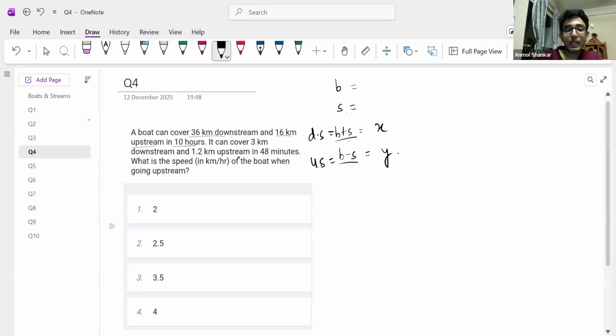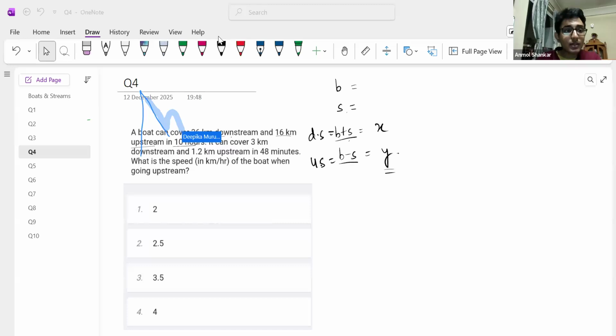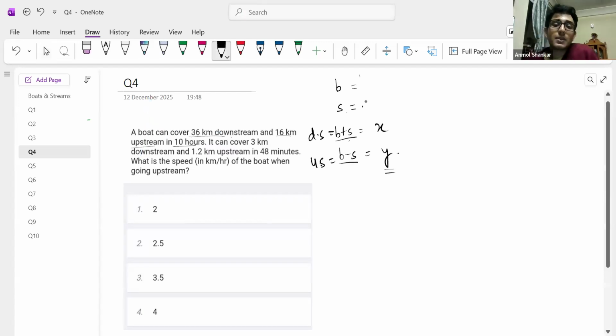Because what does the question ask? What is the speed of the boat when going upstream? The question is asking for the value of y, right? And students, I request you not to annotate without thinking. In the question, instead of B and S we can directly use downstream speed and upstream speed.